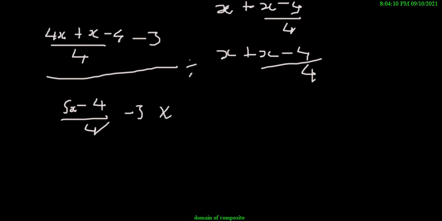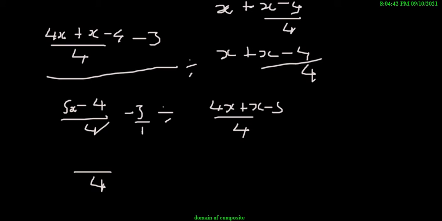Dealing with the top first: we get 4x plus x minus 4, that gives 5x minus 4.